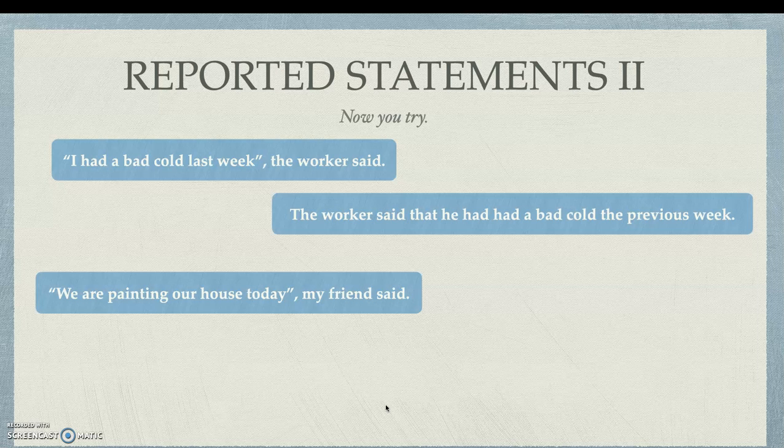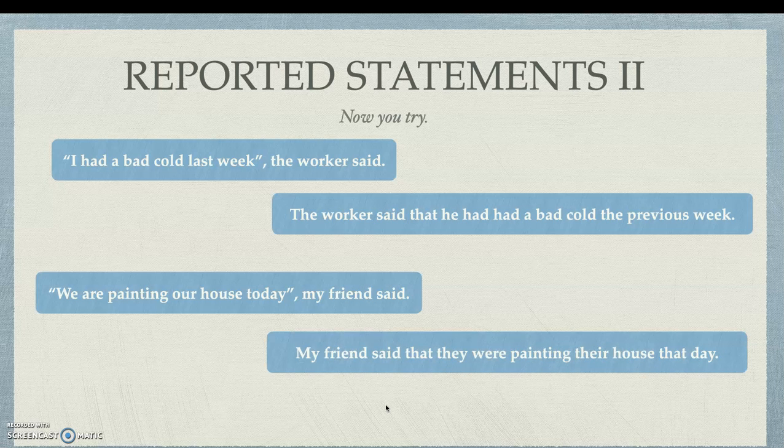My friend said that they were painting their house that day. Yes? My friend said that they were painting, past continuous. Now, they were painting their house, not our house. And today becomes that day.